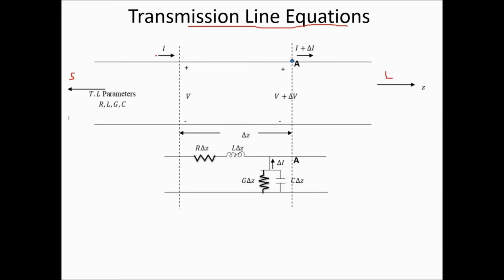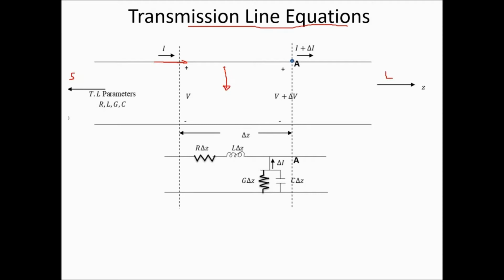Let's assume the current I is coming from the source, and I plus delta I is the current towards the load. The current here will be flowing through the conductor, and there will also be a current flowing through the dielectric.